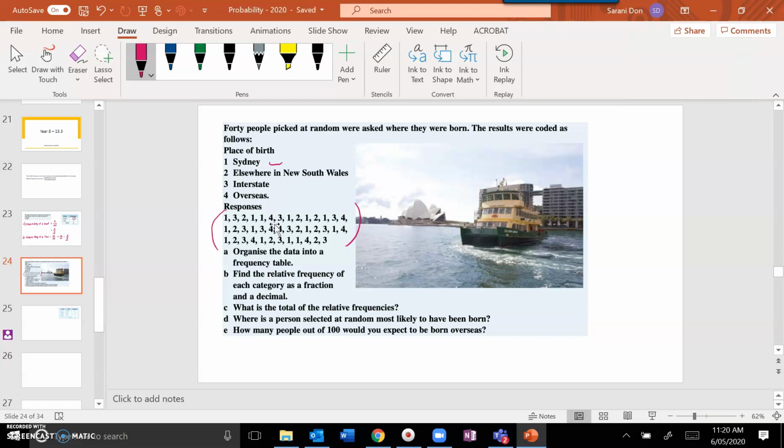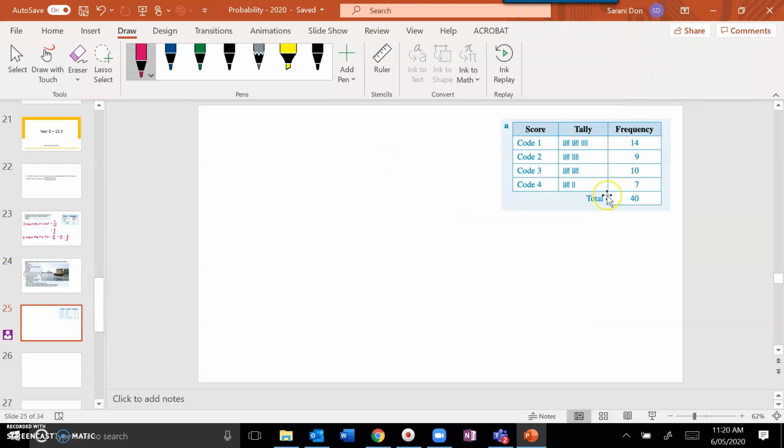With these questions, you'll be given data in different ways, and it's about learning how to organize this data to find out certain results and frequencies and things like that. So the first part of the question is to organize the data into a frequency table. What a frequency table is, you write Sydney and you write how many people were born in Sydney. Elsewhere in New South Wales, how many? This is already done for you here.